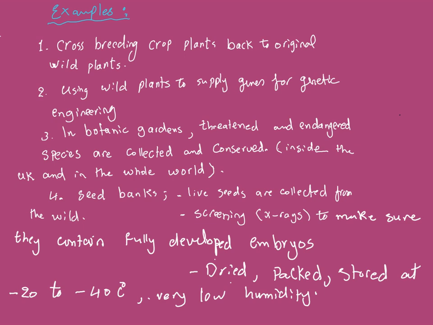We can focus on some examples of ex situ conservation: crossbreeding. When the animals are conserved, when they are kept in zoos or seed banks or captive breeding programs, crossbreeding can take place, for example, for crop plants, and then they will be back to their original wild plants, using wild plants to supply genes for genetic engineering.